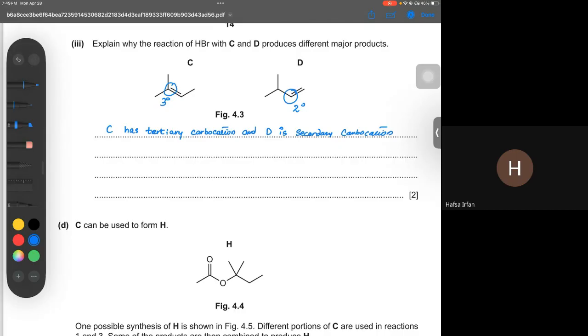Okay, so D is going to have a secondary carbocation, or I can say the primary carbocation. Like C has tertiary carbocation and secondary carbocation, just like that.